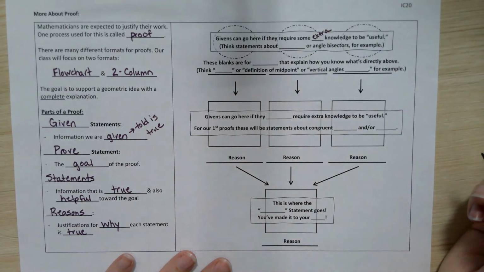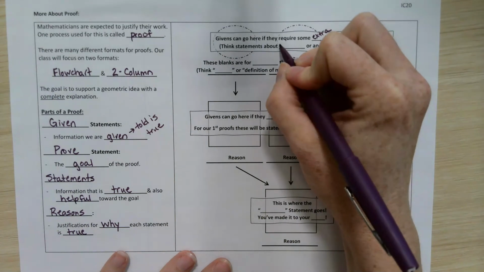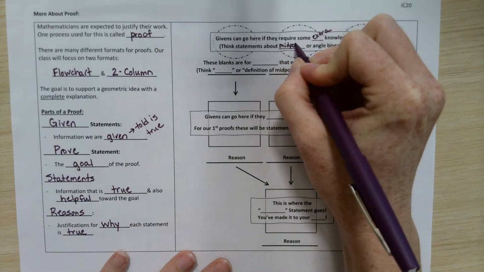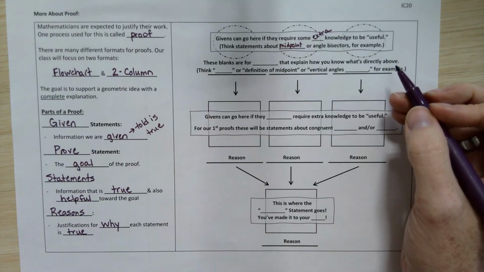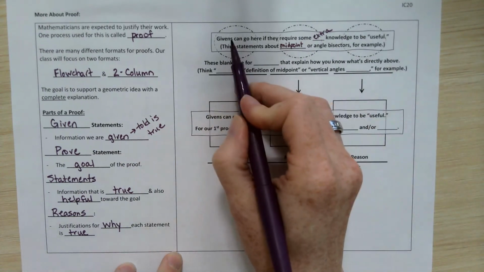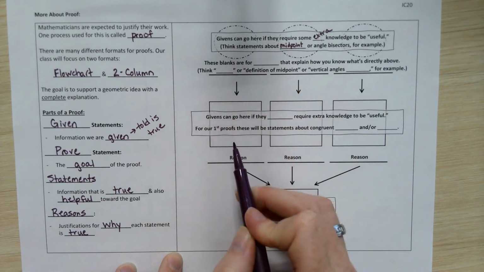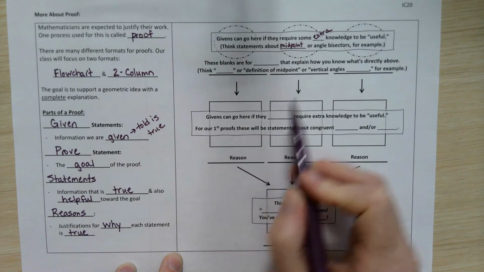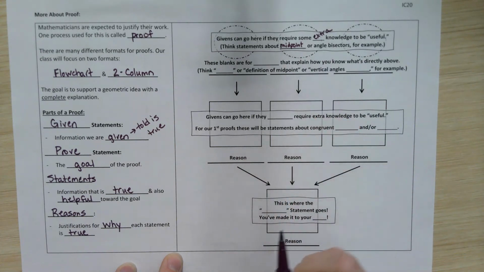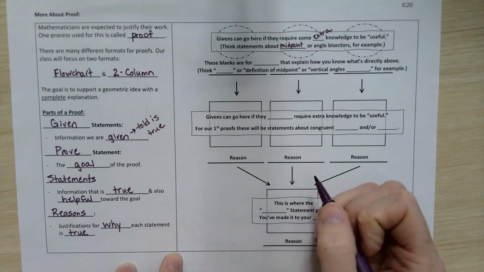So that would be things about, let's say, midpoints or angle bisectors. So like if somebody told you that something was a midpoint of a segment, that would go here because then you would have to describe what was true because of that directly below it. So those are things that need to be processed a little bit, okay, in order for them to actually have congruent symbols is a good way to think about it.